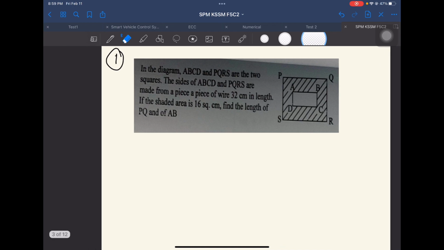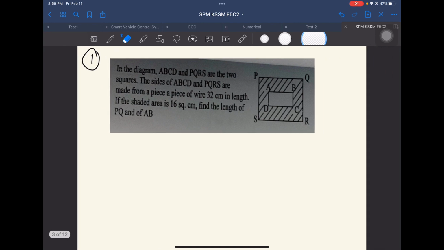So from the question, we know that, let's say the larger square is x, and then the smaller square is y, side of length. So we know that 4x plus 4y equals to 32, the perimeter.